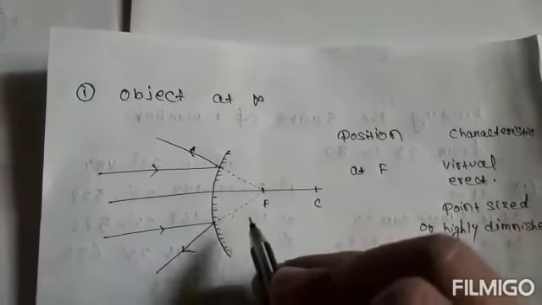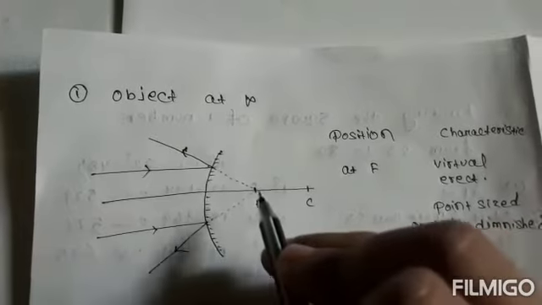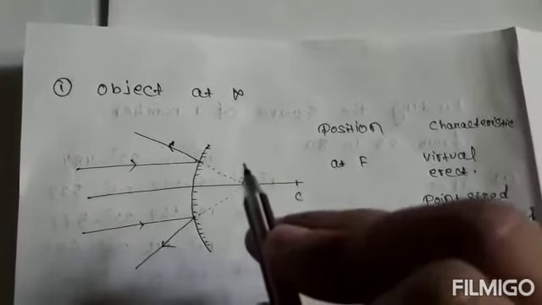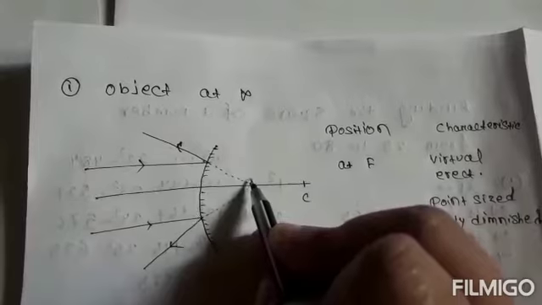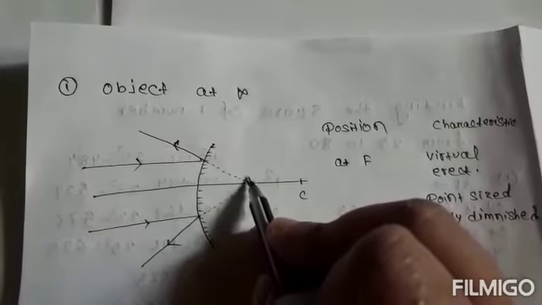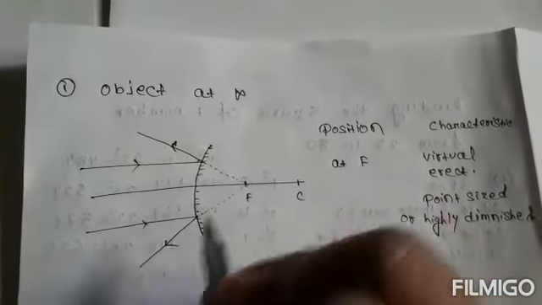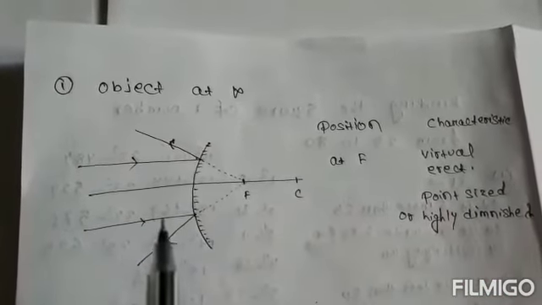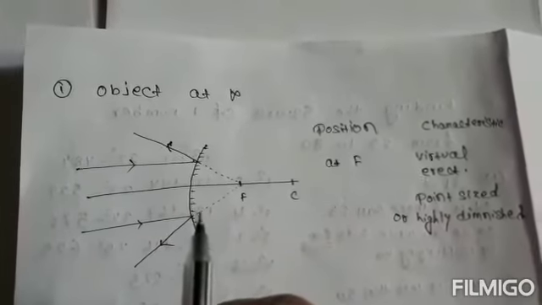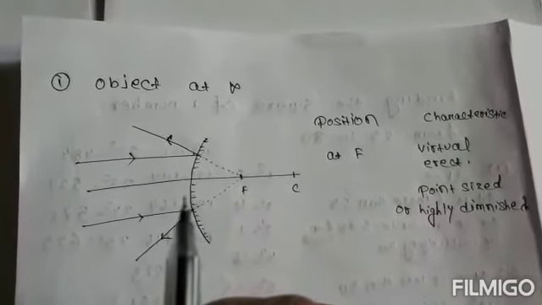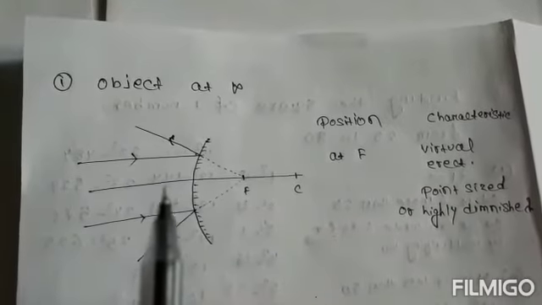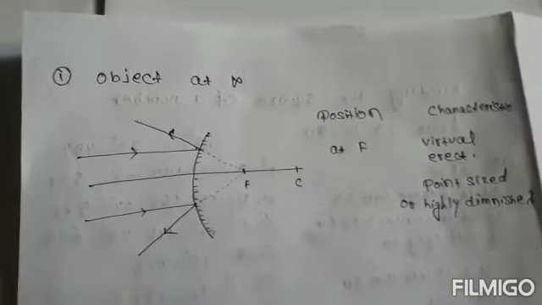We all know that virtual image is always erect. The position of the image is at focus, and it is highly diminished or point sized image. So when object is placed at infinity, we get image formed point sized.